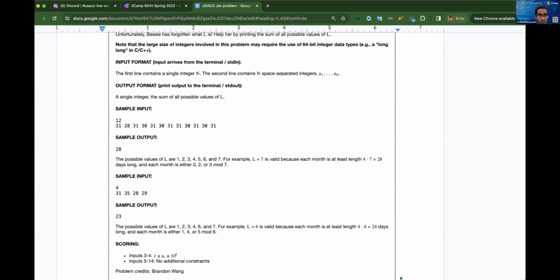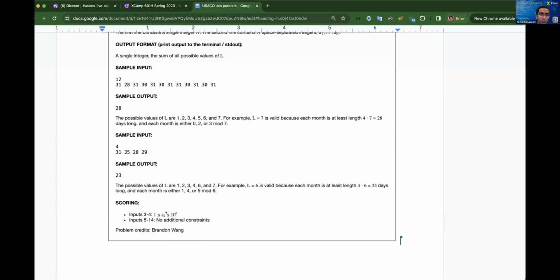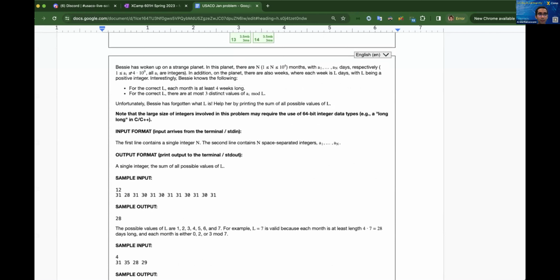So I guess in this case, these are the months. They're around 30. And then you can show that these are possible values of L, because for L equals 7, each month is 0, 2, or 3 mod L. And then the constraints here are AI is at most 4 times 10 to the 9.